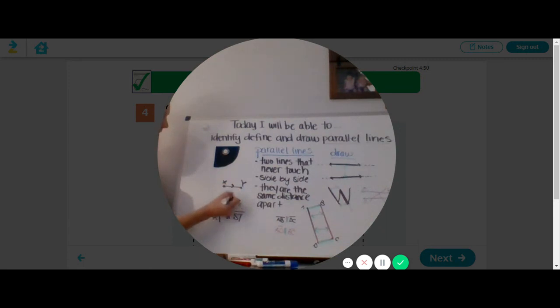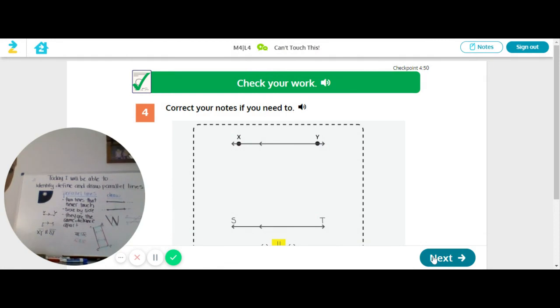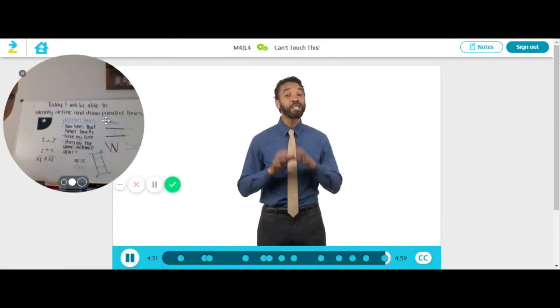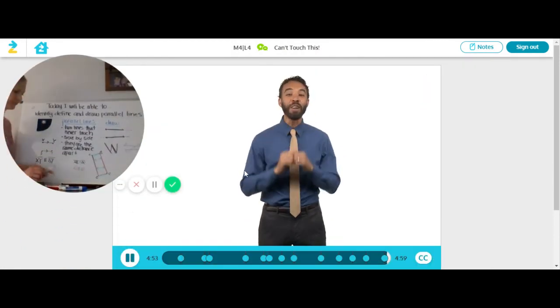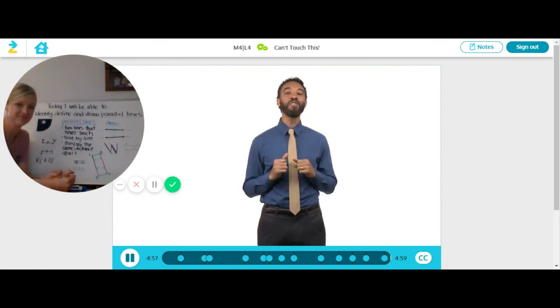Or we can put these arrows on each line to show that they are parallel, side by side, that they will never touch, and that they are the same distance apart. Let's continue Zearning. Today we practice spotting and drawing a lot of parallel lines. We're going to keep practicing those lines in the Tower of Power.